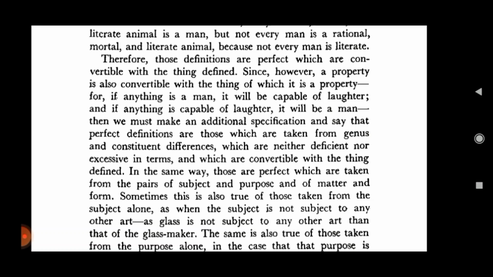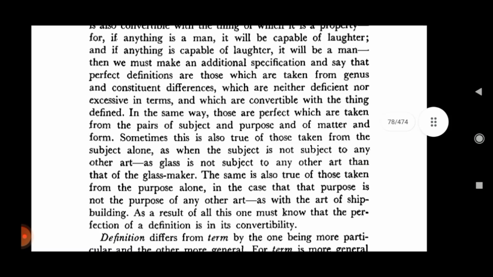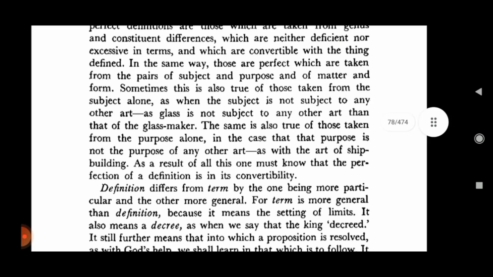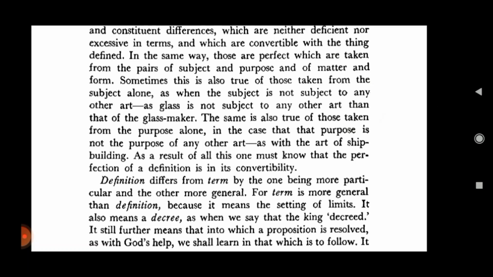Since, however, a property is also convertible with the thing of which it is a property, for if anything is a man, it will be capable of laughter, and if anything is capable of laughter, it will be a man, then we must make an additional specification and say that perfect definitions are those which are taken from genus and constituent differences, which are neither deficient nor excessive in terms, and which are convertible with the thing defined.